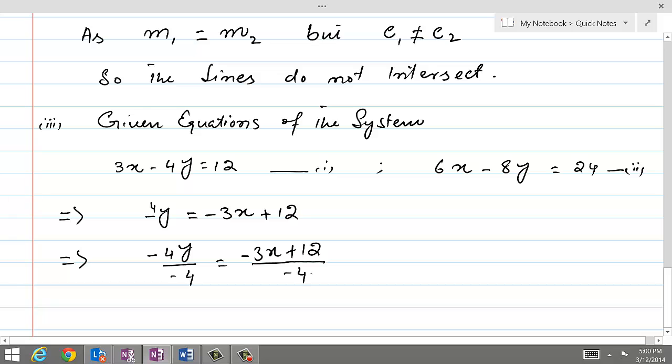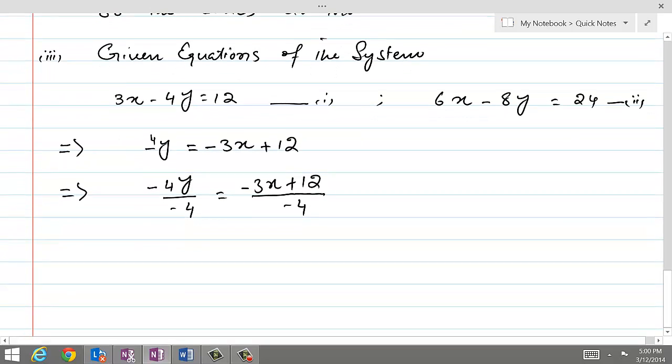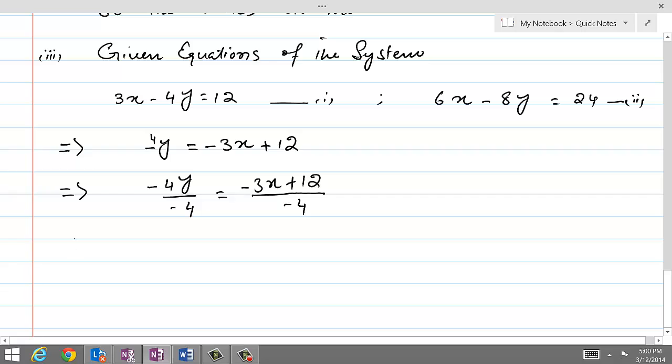This will give us y equal to 3 by 4x minus 3, because 12 over 4 is equal to 3.